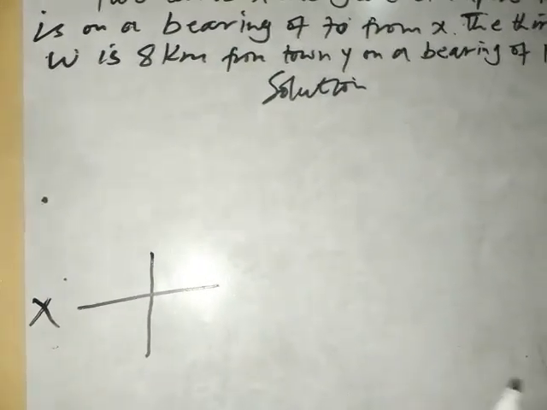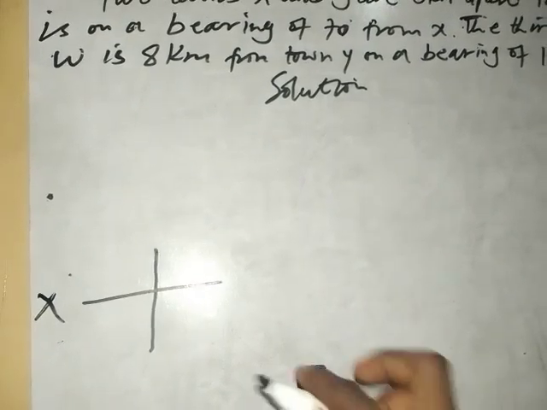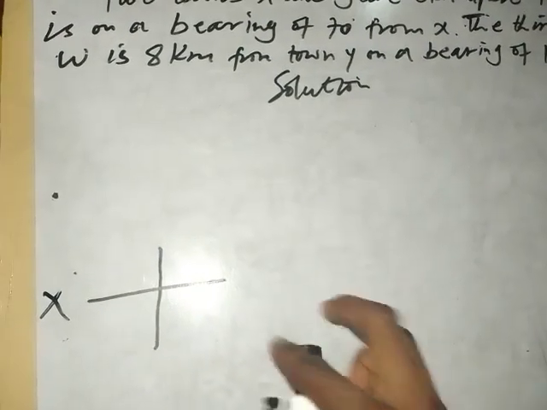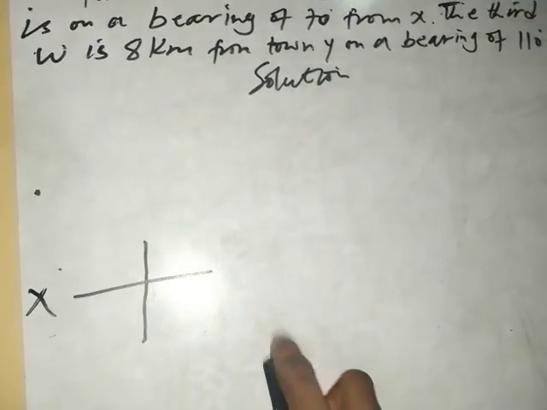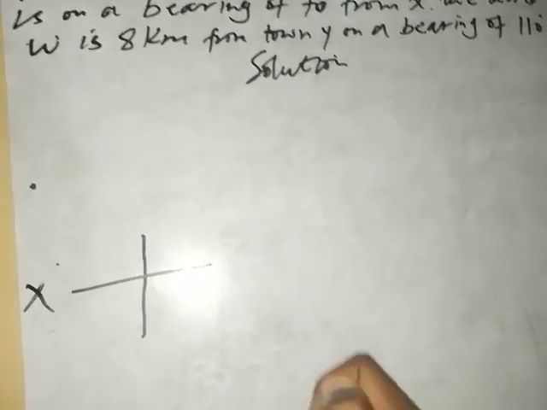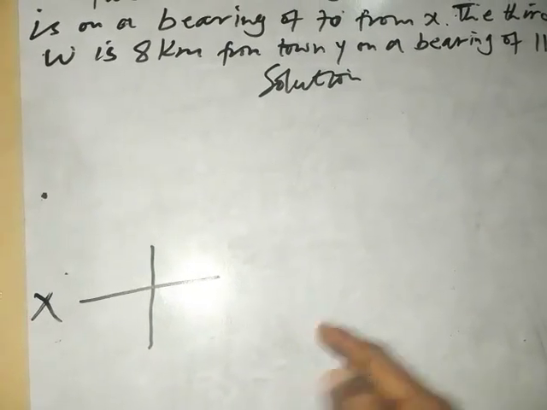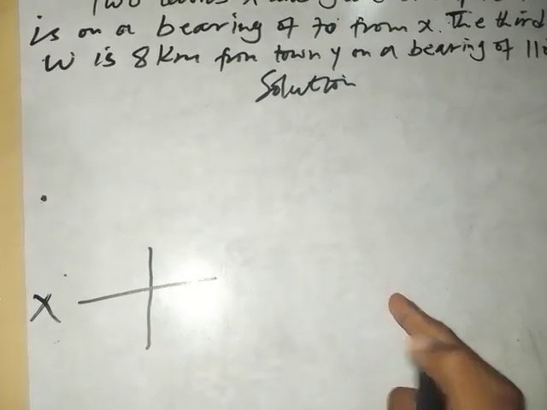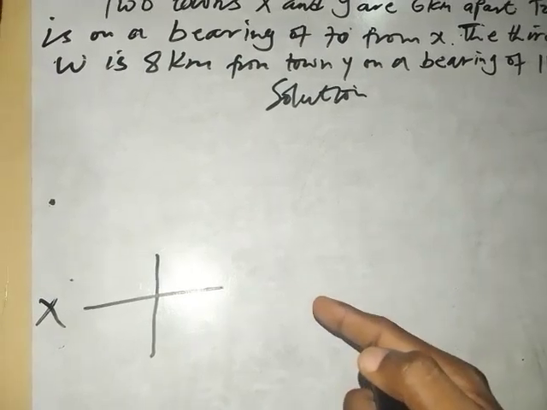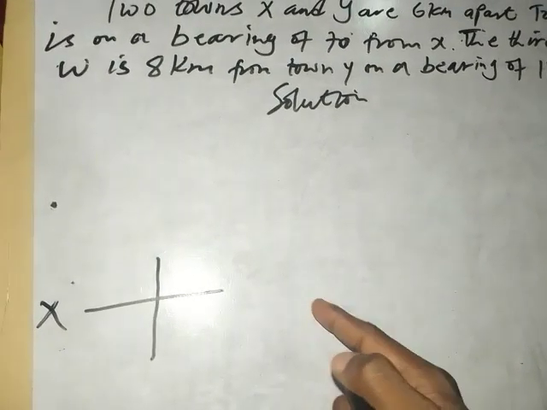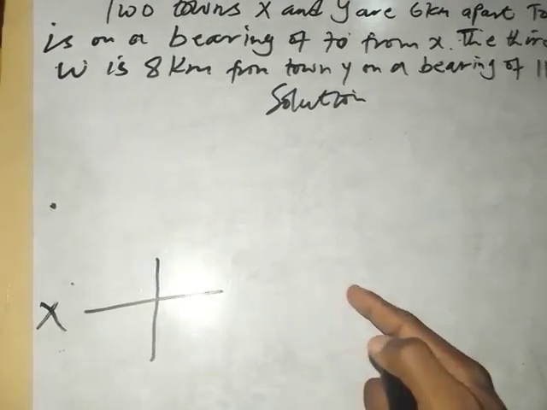Now what you need to do is to locate your 70 degrees first, because it is said that towns X and Y are 6 kilometers apart, and town Y is on a bearing of 70 degrees from X. Remember that I told you about finding the bearings of a point from another point.